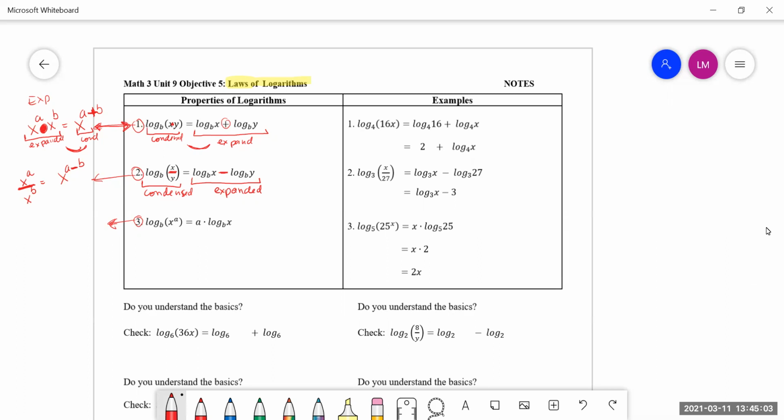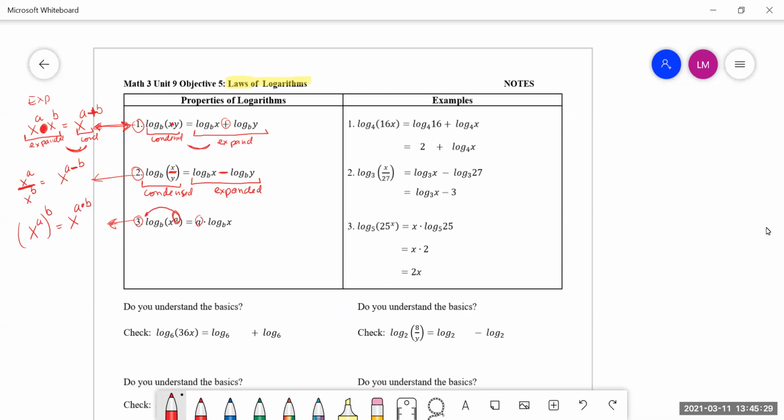Now, the power of a power is kind of tricky because you don't see the connection at all. If I have x to the a, to the b, it becomes x to the a times b. So it becomes a multiplication. Well, when I have log base b of x to the a, that power gets moved to the front of the logarithm.